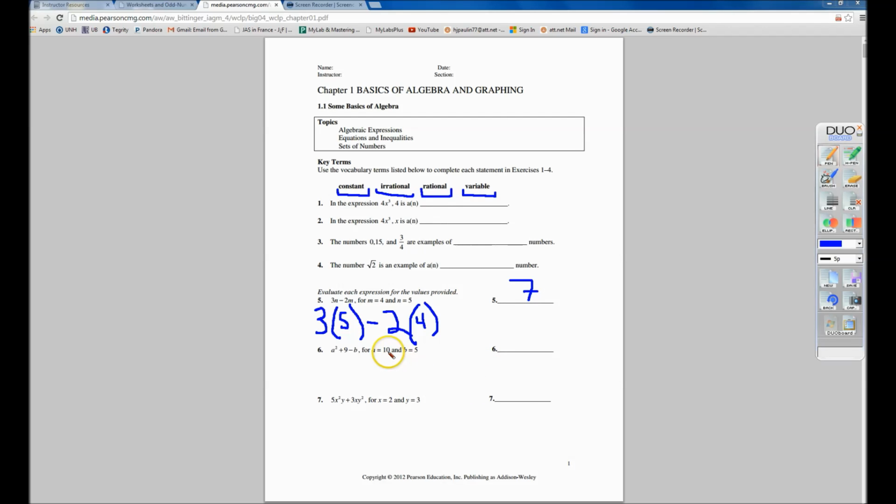Now here we're going to substitute a 10 for the A. So 10, and we see that A is squared, so we'll square it, plus 9, minus, and then B is 5.